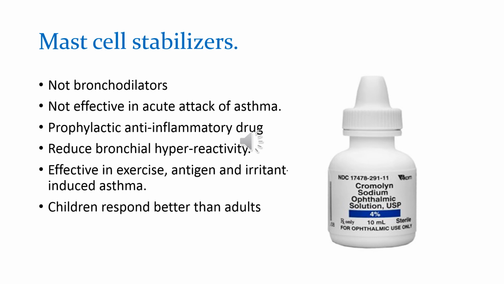Mast cell stabilizers are not bronchodilators and not effective in acute attack of asthma. They are prophylactic anti-inflammatory drugs, reduce bronchial hyperreactivity, and are effective in exercise, antigen and irritant-induced asthma. Children respond better than adults.